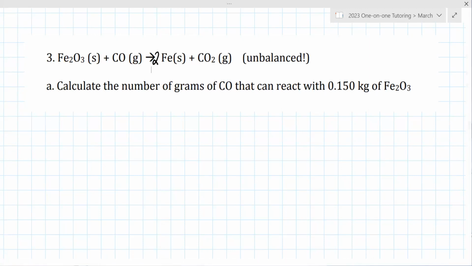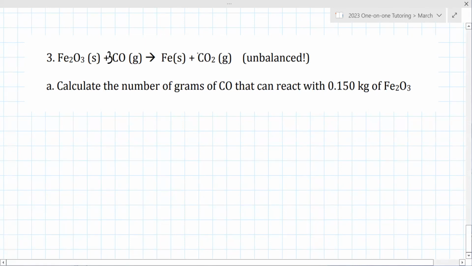Of course, they give you a really difficult one here. So that's not gonna work. So let's go 3. That gets you 6. 3 C's, 6 O's, 3 O's and 3 O's, and then 2 there. Okay, so now it's balanced.